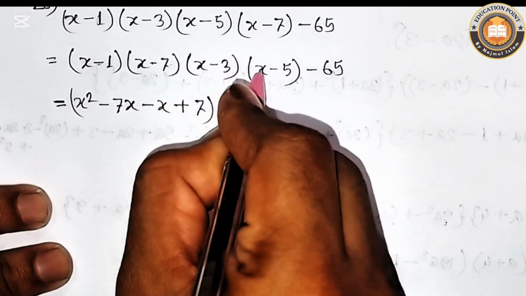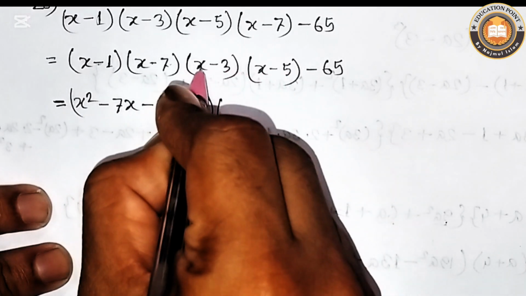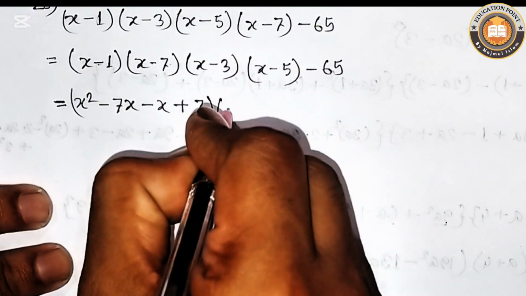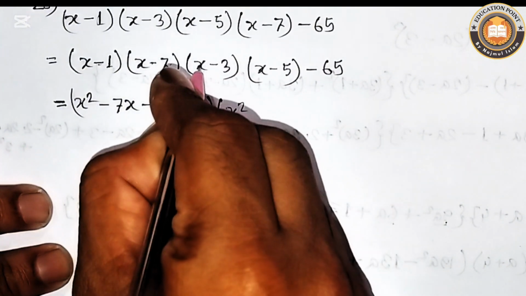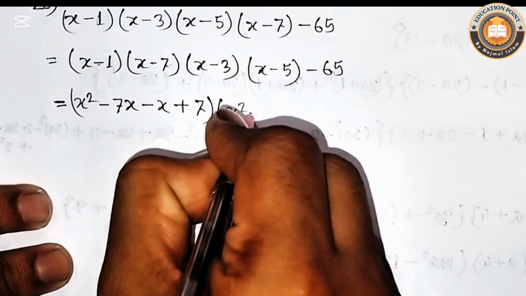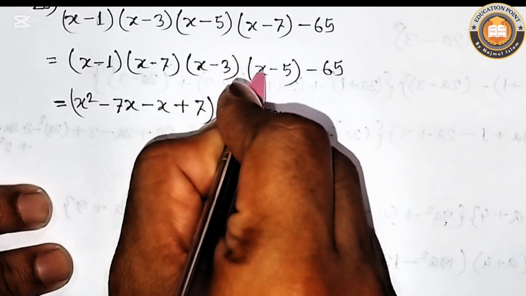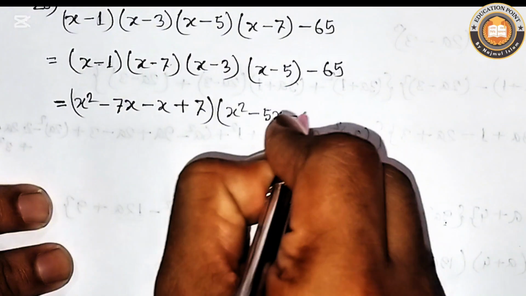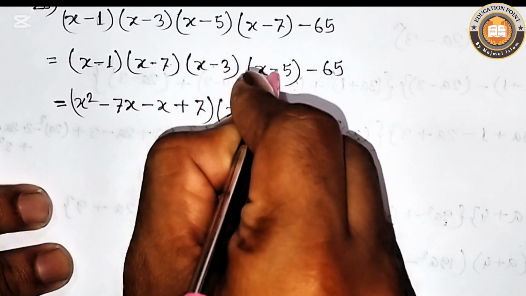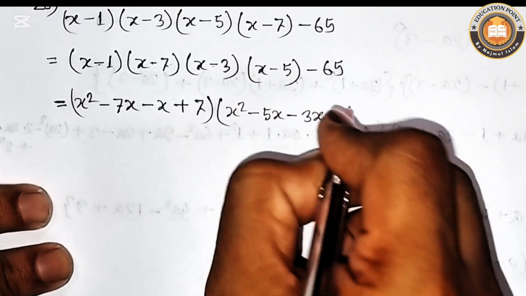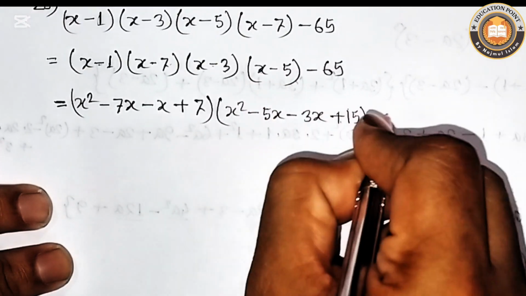Here x minus 3 multiply with x minus 5. At first, x multiply with x minus 5. x multiply with x, that means x square. Then x multiply with minus 5, that means minus 5x. Then minus 3 multiply with x, that means minus 3x. Then minus multiply minus, plus 3 multiply 5 equals 15.